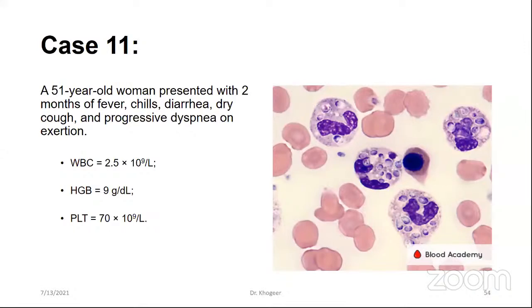Also examine the neutrophils very carefully, because sometimes there will be abnormal neutrophils still keeping some faint Auer rods. Okay.